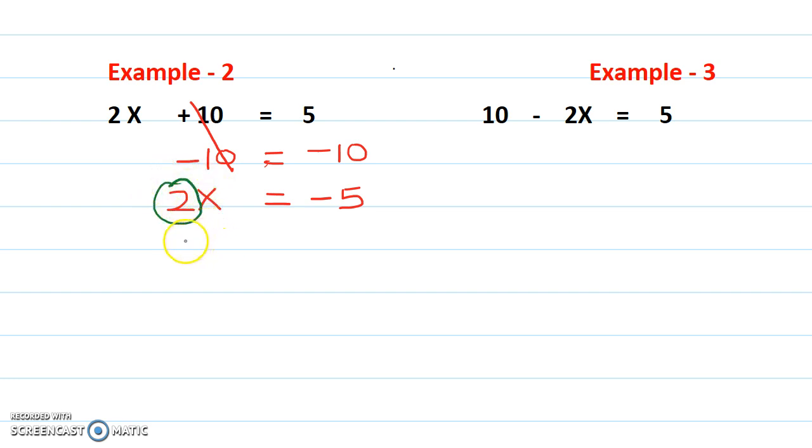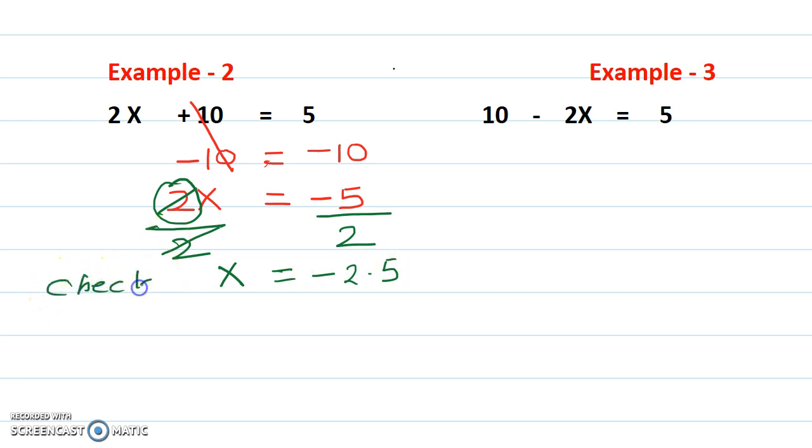How can we get rid of this 2? Just one operation: if you divide by 2 here, this 2 and this 2 will be cancelled out and we are left with x. -5 divided by 2 is -2.5.